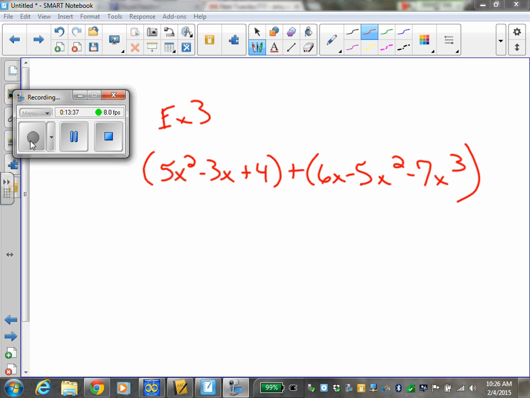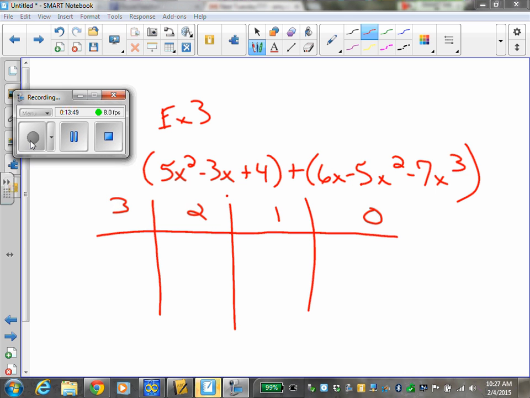So I see degrees of 3s, degrees of 2s, degrees of 1s, and degrees of 0. Does it matter if I did 0, 1, 2, 3? Why? Because I want them in standard form. That way all of our answers match.